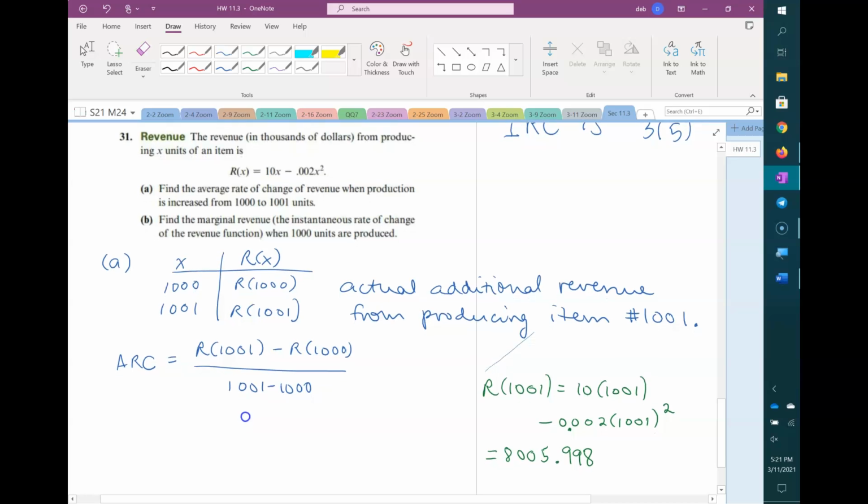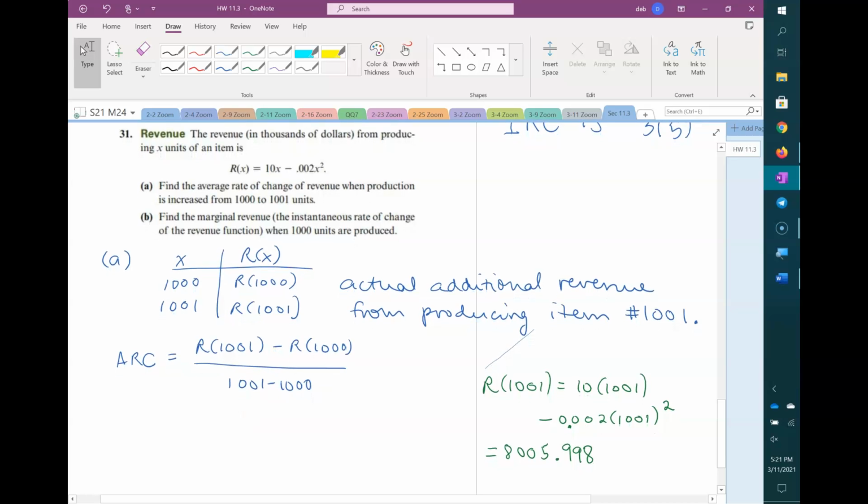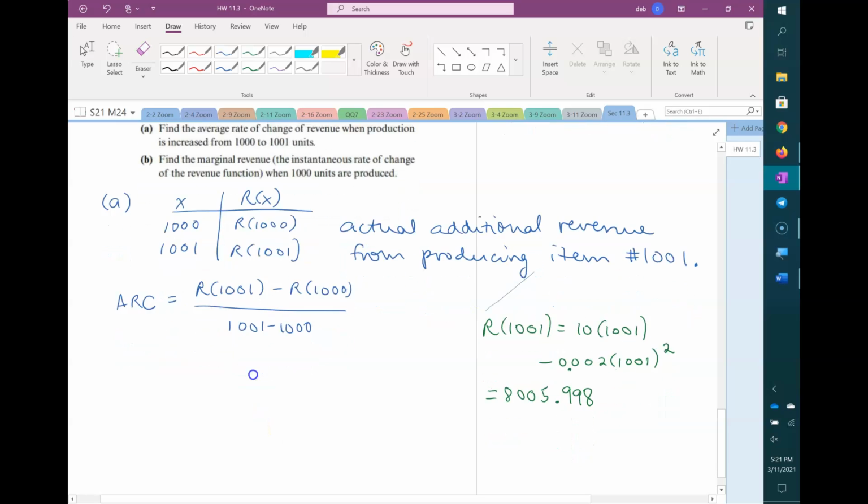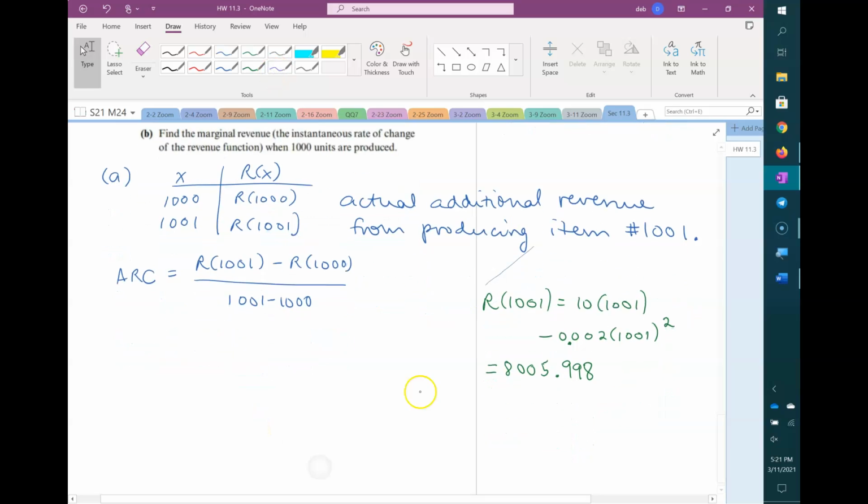And this is in thousands of dollars, so I'm not going to round it off. Then R of 1000 is going to be 10 times 1000 minus 0.002 times 1000 squared. And for that, I'm getting 8,000.